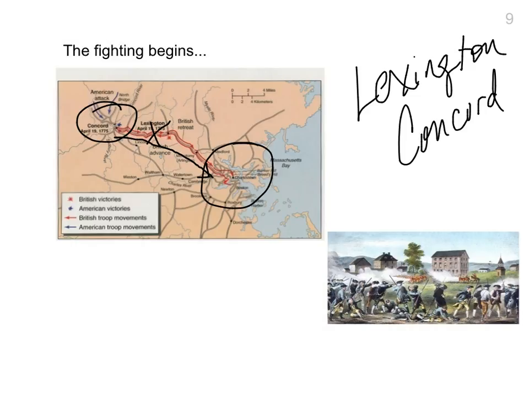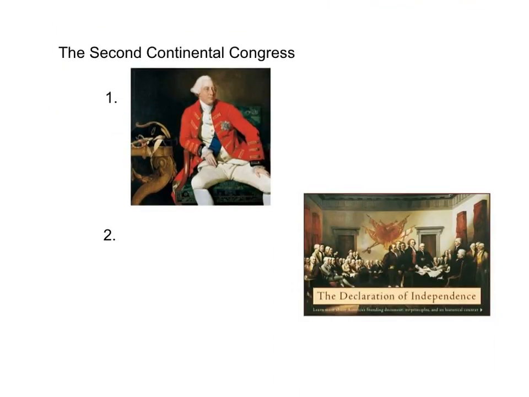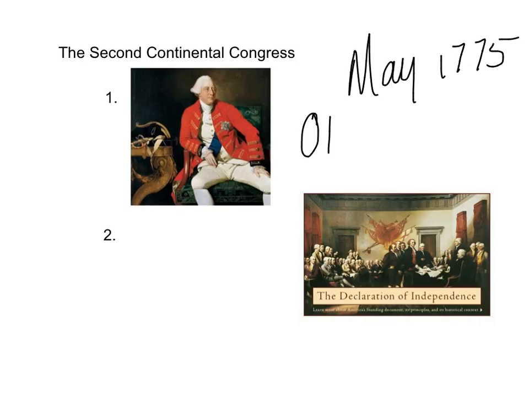All right. So at this point, even though the war is not officially started, there is fighting in Massachusetts. The Second Continental Congress meets in May of 1775, and the first attempt, led by John Dickinson from Pennsylvania, is to issue what's known as the Olive Branch Petition.